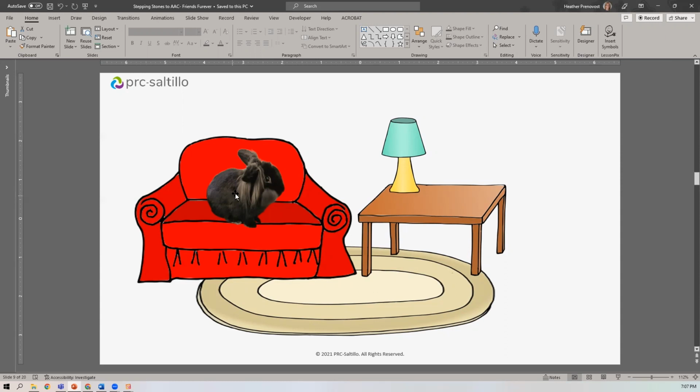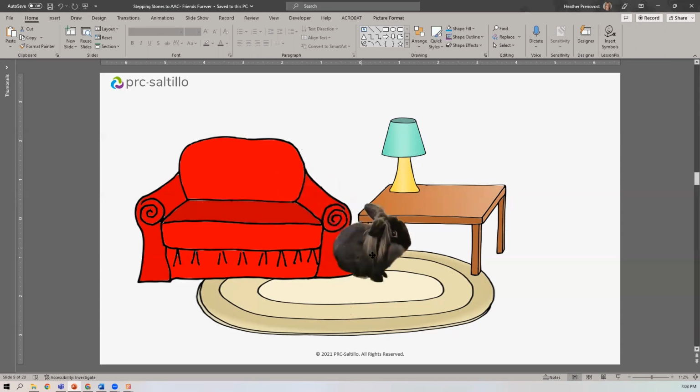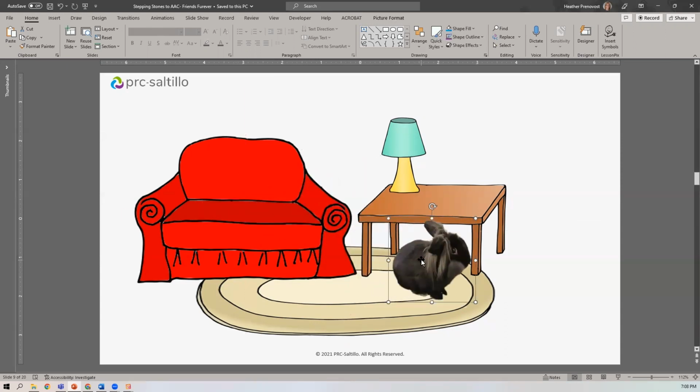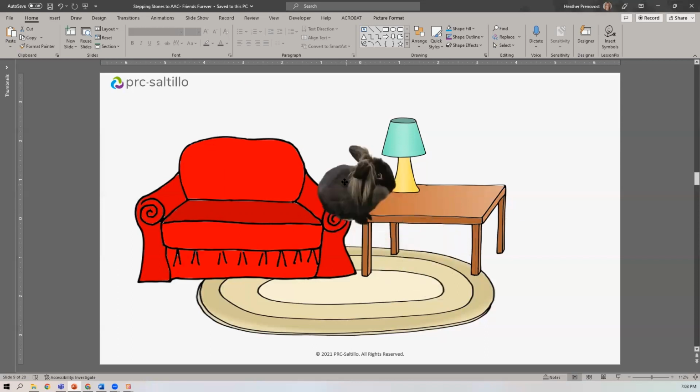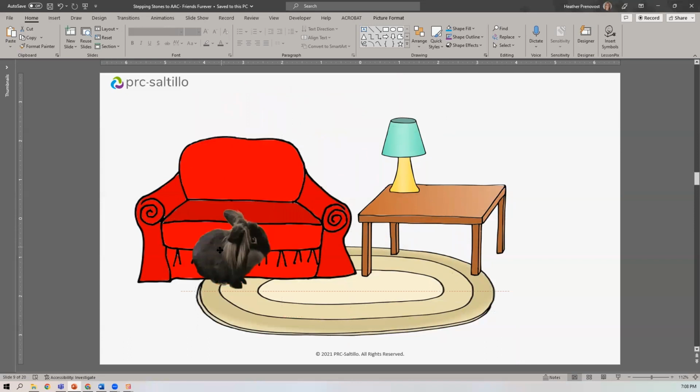Oh, that silly bunny. He is on the couch. Where should I put Attila? I don't think he should be on the couch. Maybe I'm going to put him under the table. Oh, where else can Attila go? Can he jump on the table?